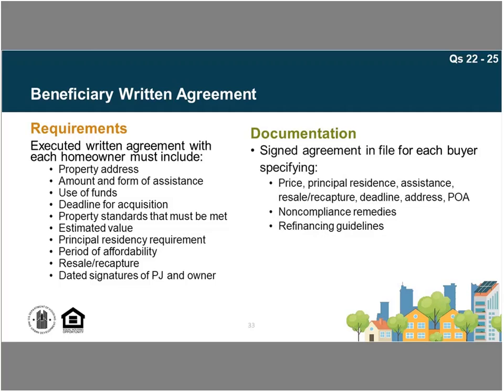Obviously, and I've listed them before, the rule is paramount. But then we've got the PJ's policies and procedures, their written agreement with all their recipients and beneficiaries, and IDIS as the financial records for managing the flow of funds and tracking the production that's being done.